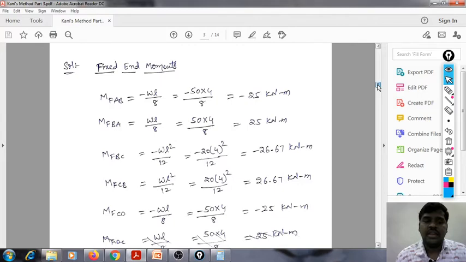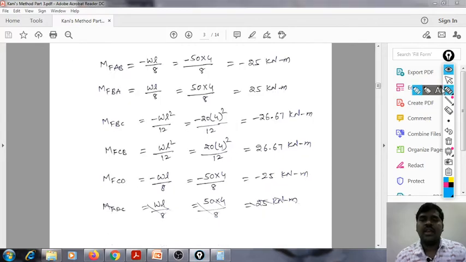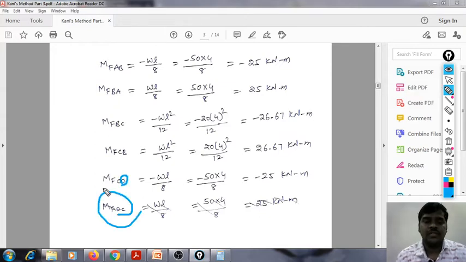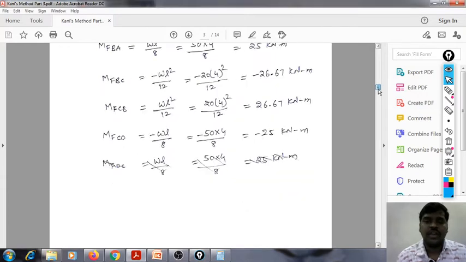MFDC we cannot find directly, because we are treating D as simply supported, so from D to C we cannot write directly. MFCD we are taking as minus WL by 8, and this is minus 25 kN meter. What is the change that we see here using Kani's method for a simply supported end?